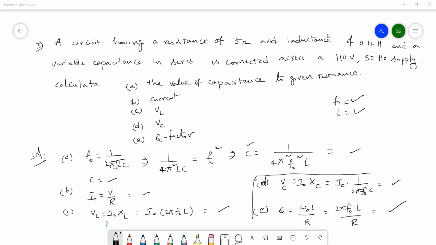Yes, tell me. Sir, C value is 2.53 into 10 to the power minus 4. No, check once again. Okay, sir.